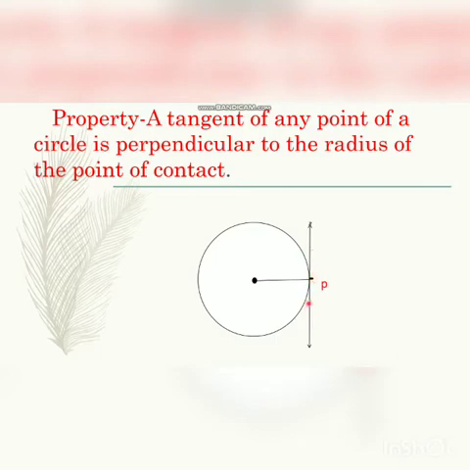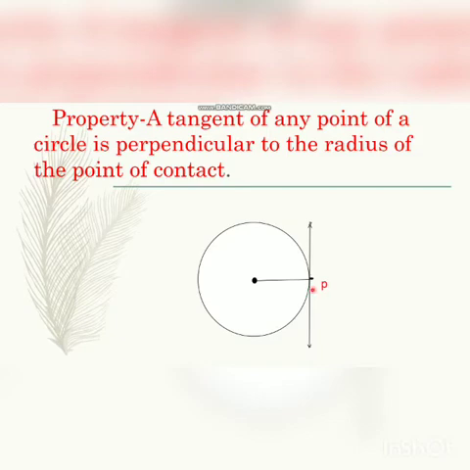If a point lies inside the circle, you cannot draw a tangent to the circle. If a point lies outside the circle, then you can draw two tangents to the circle. You understand? If point P lies on the circle, you can draw only one tangent.